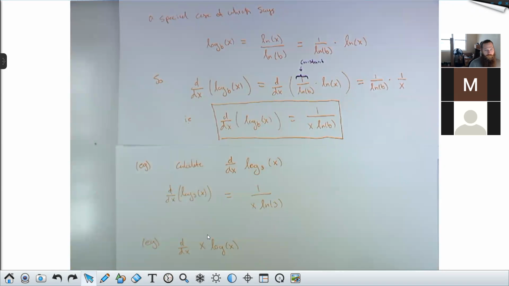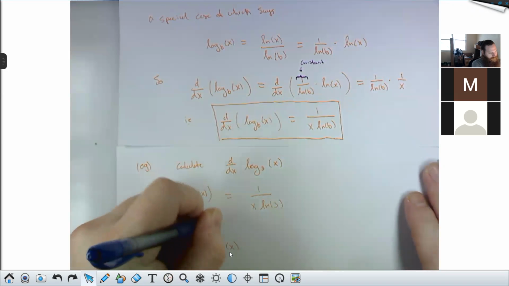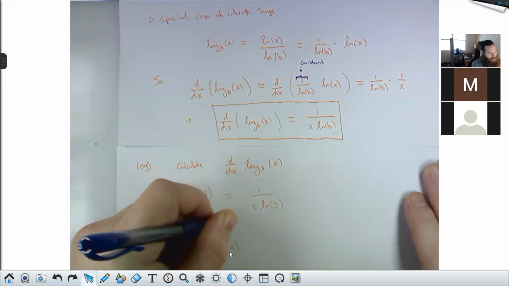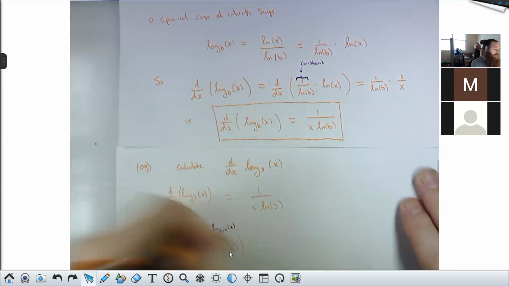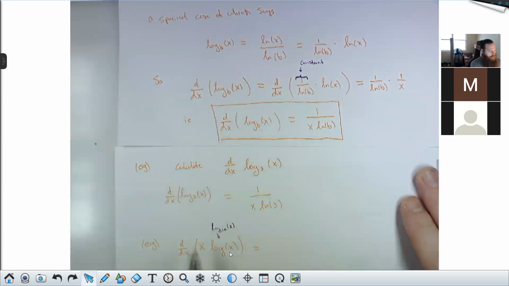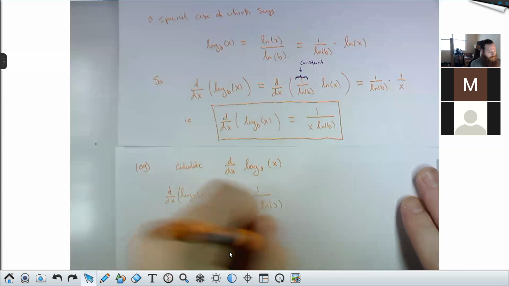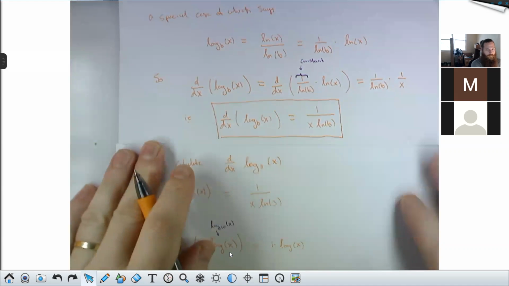You all remember that the common log, the log, is really a base 10 logarithm. So if I want to find this derivative, I'm going to need to use the product rule. When I differentiate the x, I'll have a 1. So this is going to be 1 times the logarithm function left alone.